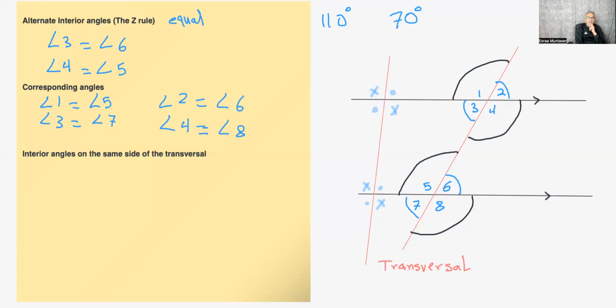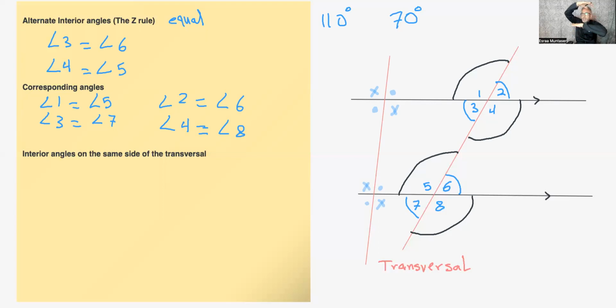Now, one more thing. Interior angles on the same side of the transversal. We're still talking about 1, 2, 3, and 4, 5, and 6. Interior angles, we agreed, are on the inside of the parallel lines.